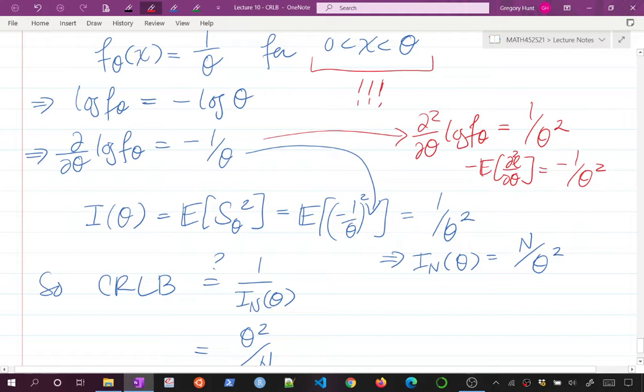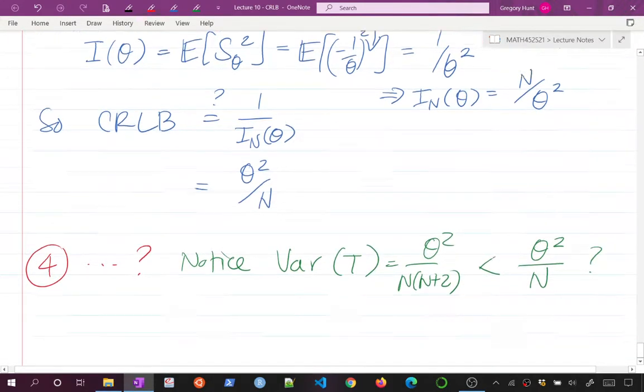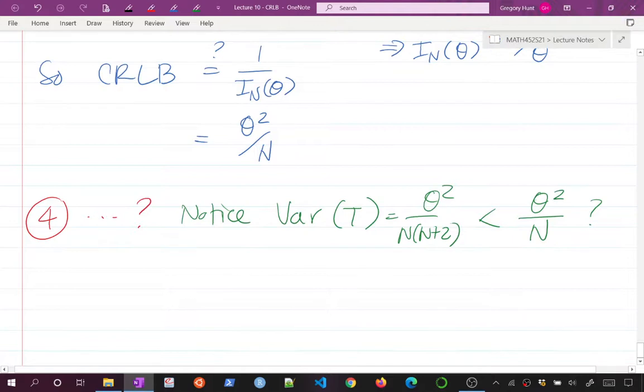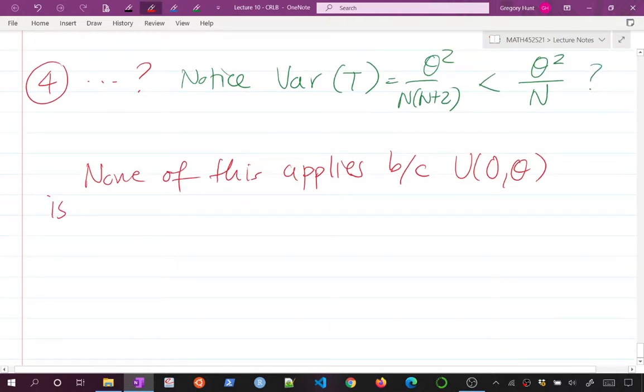It's not an exponential family. The Cramer-Rao lower bound does not apply. It doesn't have enough regularity. The PDF is not nice enough. It's too complicated. The support of the distribution depends on the unknown parameter. And so none of this applies, because this uniform distribution between 0 and theta is not regular enough.